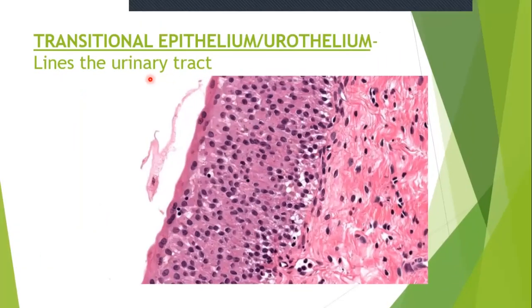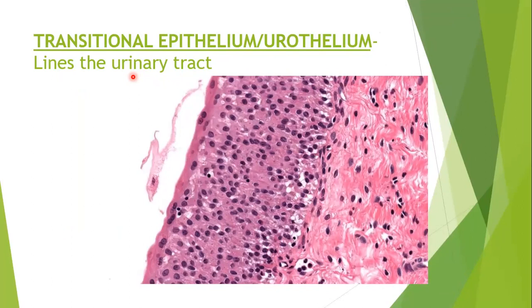So let's look at the transitional epithelium, also known as the urothelium. It is usually in the urinary tract. The urinary tract refers to the renal pelvis, your ureters, the urinary bladder, and part of the urethra. You can see these cells at the surface are dome shaped.